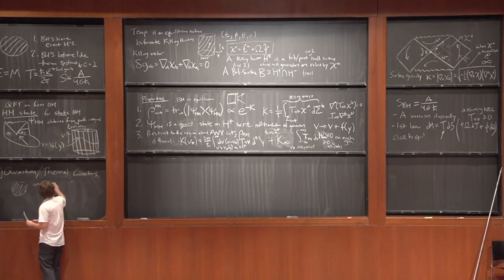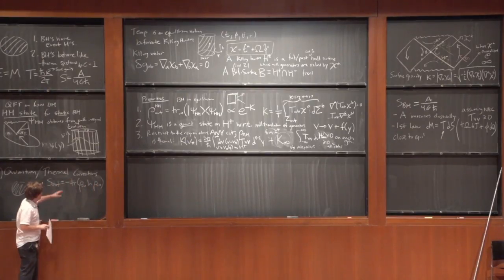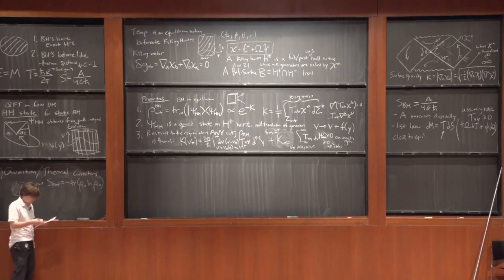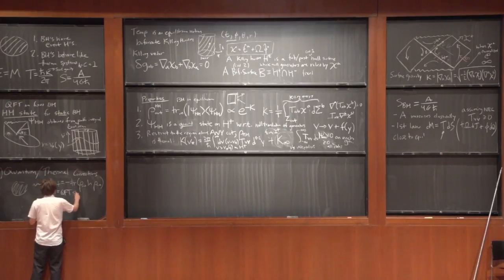But what we do is define the outside entropy as minus trace rho_out log rho_out. This is the formal definition of the von Neumann entropy, where rho_out is the quantum field theory state outside of some cut.